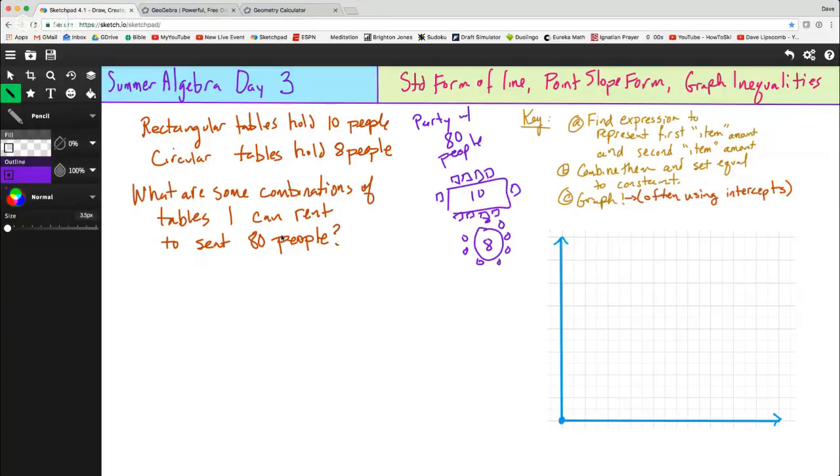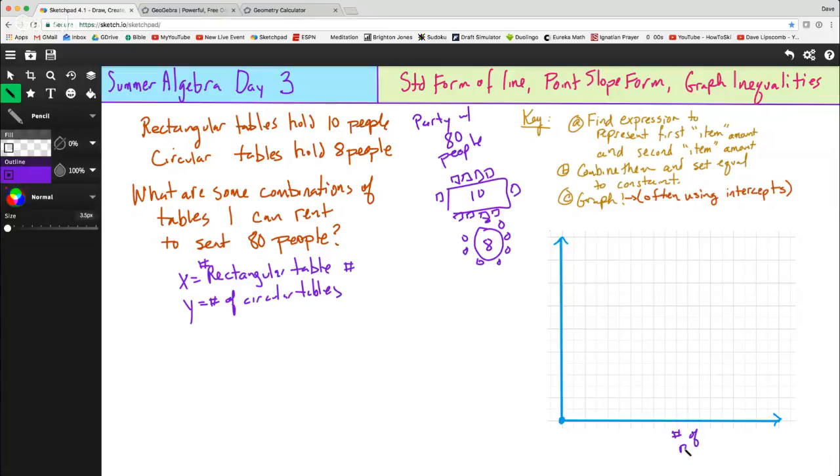So let's let X be the number of rectangular tables. And then Y will be the number of circular tables. So let's put this on our graph.